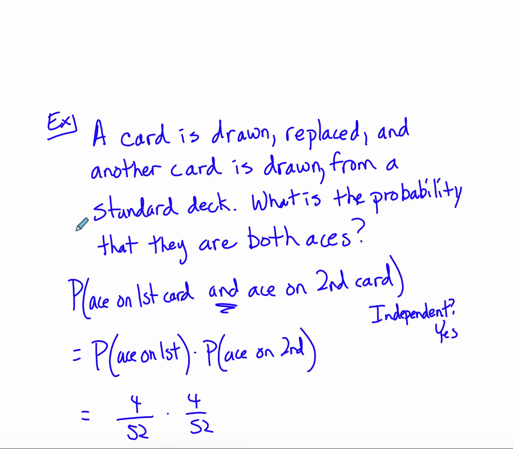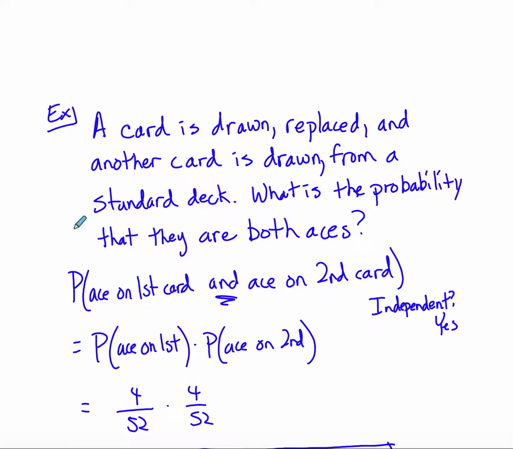So now let's say a card is drawn, replaced, and another card is drawn from a standard deck. What is the probability that they are both aces? So that means you're looking at the probability of an ace on the first card and an ace on the second card. Are these independent? Well, yes, because you put the card back. Since you put the card back, you haven't changed the probability of getting an ace on the second card, knowing what you got on the first card.